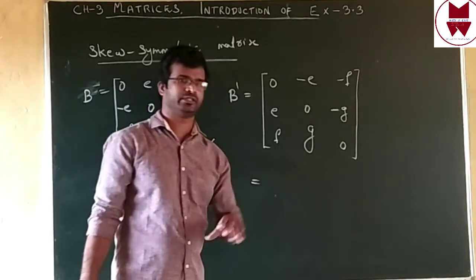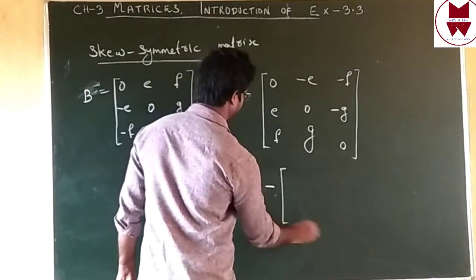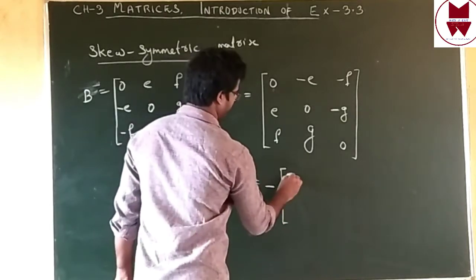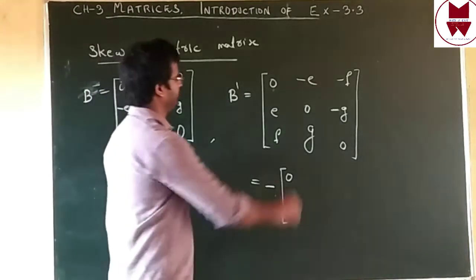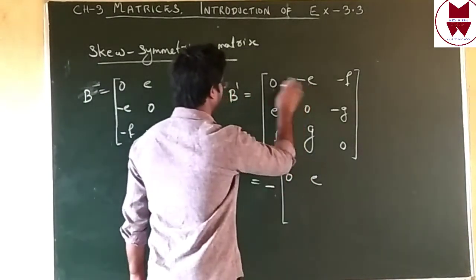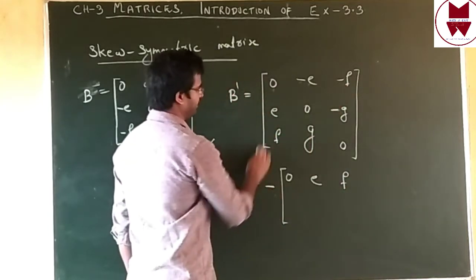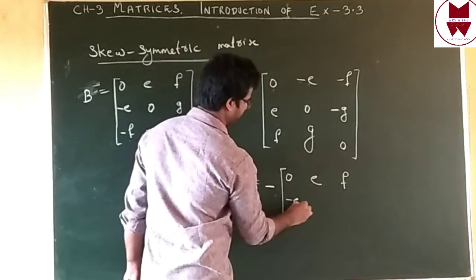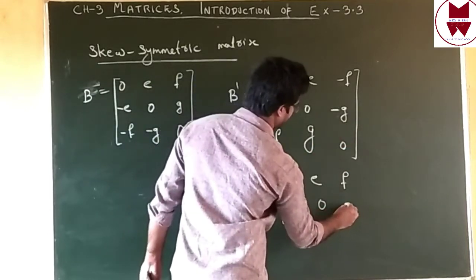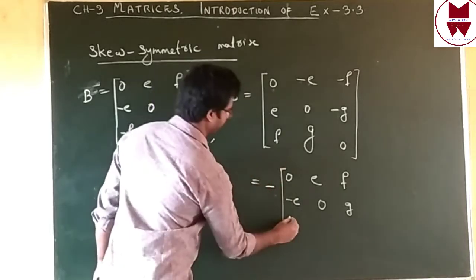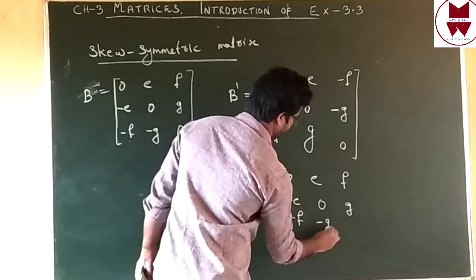From this matrix I am going to take one minus outside. 0 has no sign, so if you take minus outside, no difference, isn't it? Then E, this minus I already took outside, and F also. So E becomes minus E, 0 is 0, minus G becomes G, F becomes minus F, G means minus G, then 0.